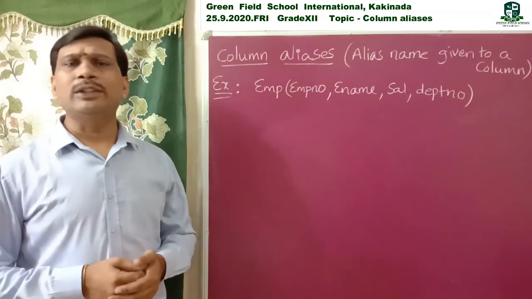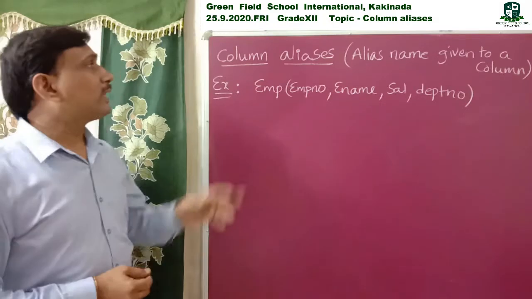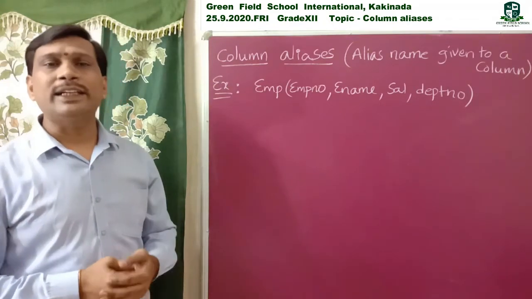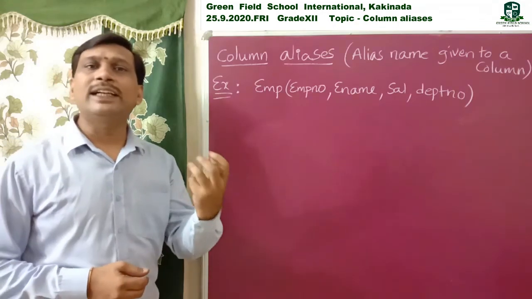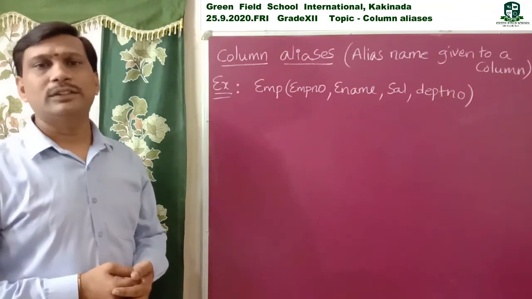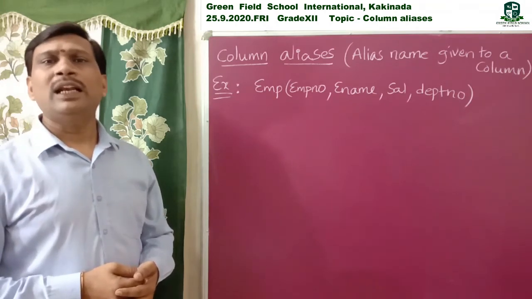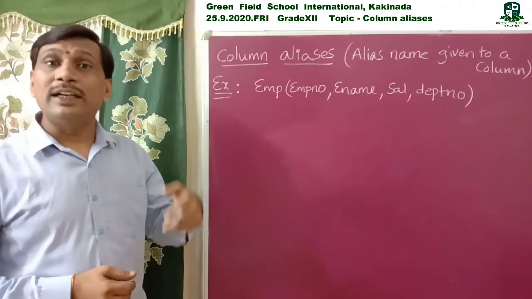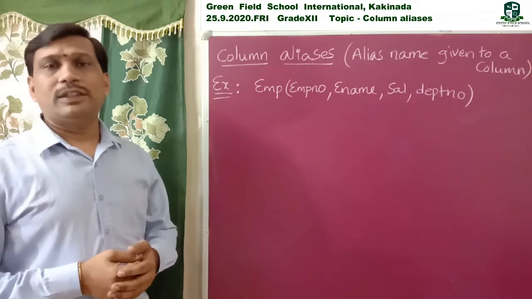Next, coming to today's class. Today we discuss the concept of column aliases. When you are writing select statements and getting data from the database server, we use table column names.